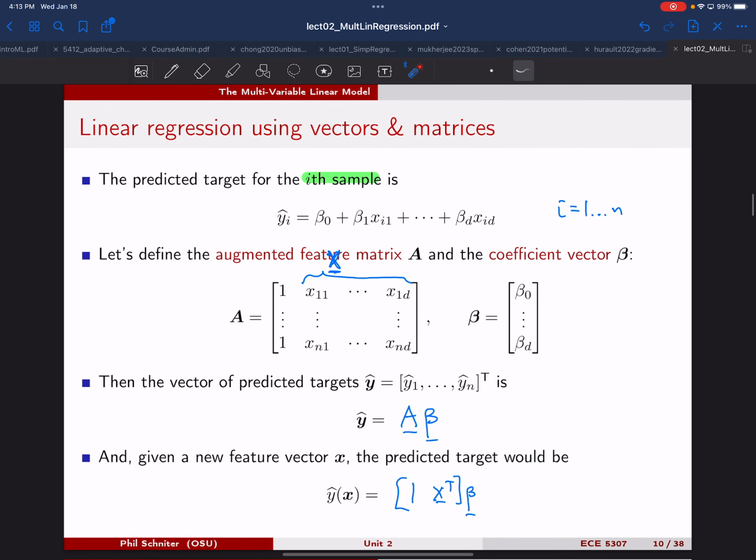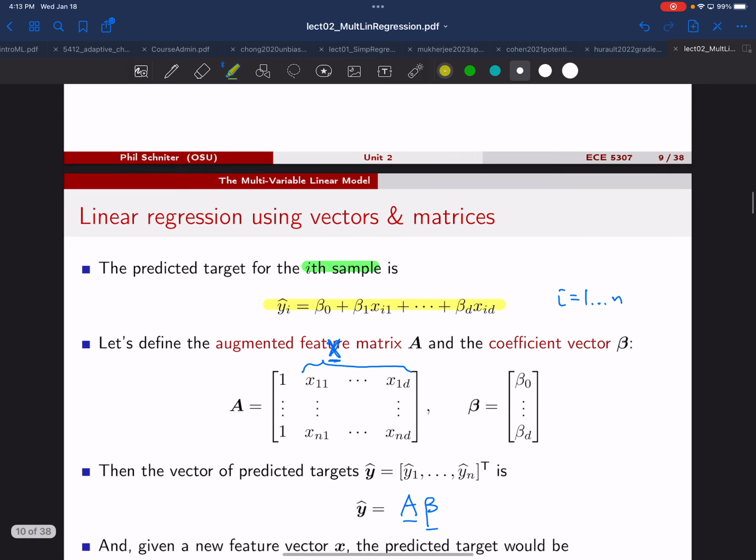To start down that road, the first thing we did is we came up with some matrix vector notation for this problem that will help us. One thing we did, to start, is we first looked at how you rewrite our linear model for the data samples we have.